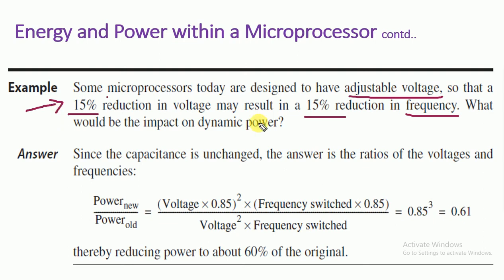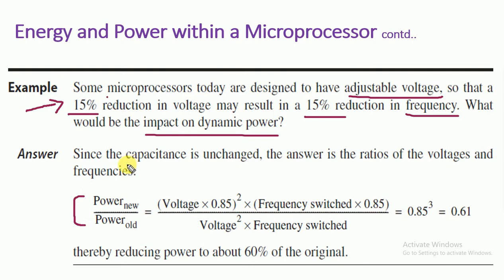Accordingly the frequency switching will also be reduced. So what will be the impact on dynamic power? That is the question given in this example. So we'll compare the new processor to the old system.